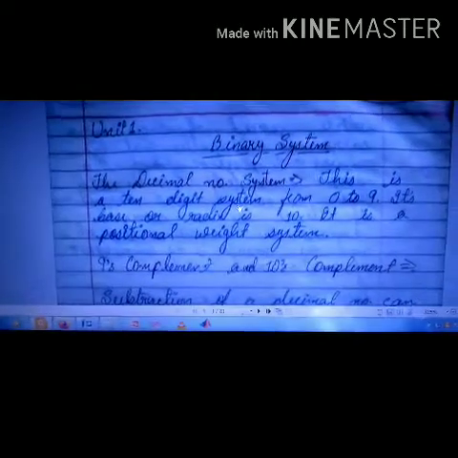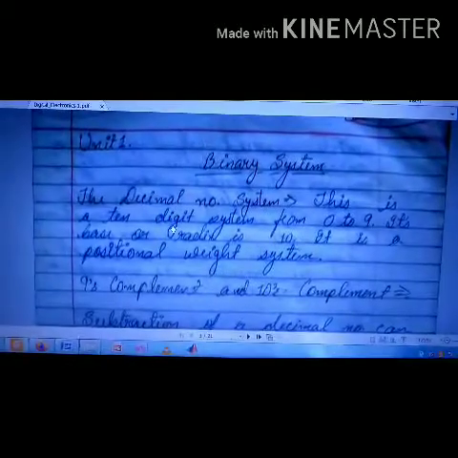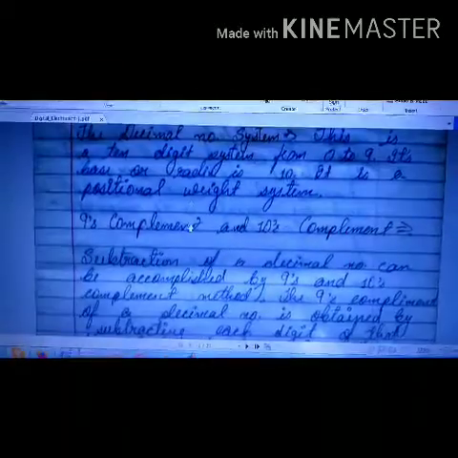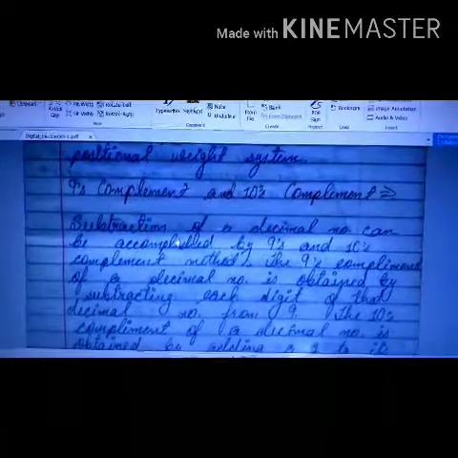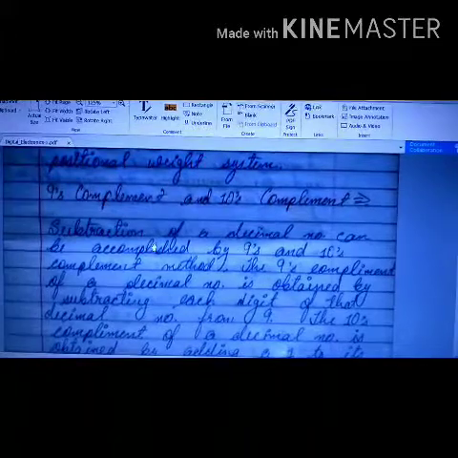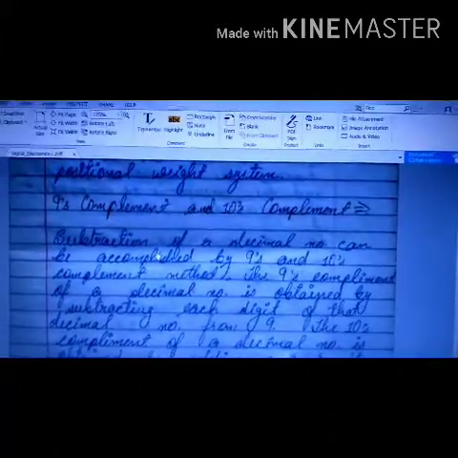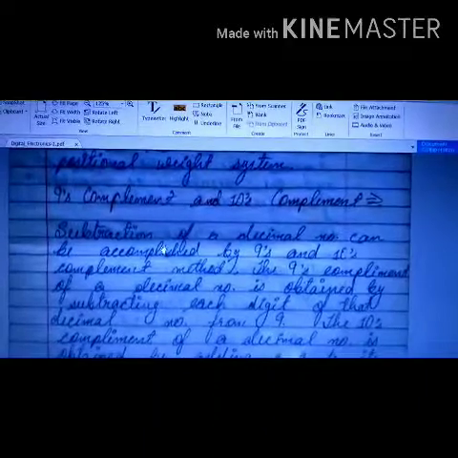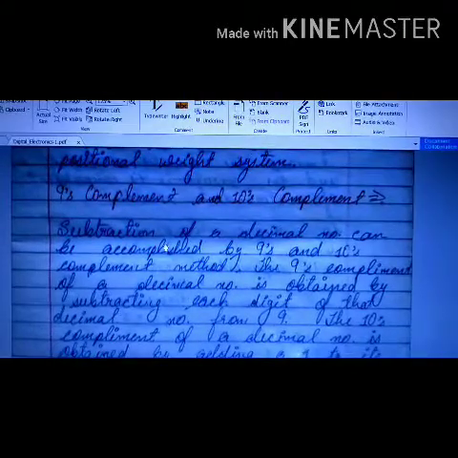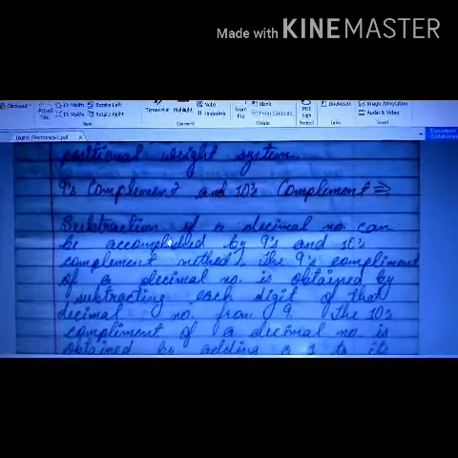So let us go through the different rules which are followed for 9's and 10's complement arithmetic. Subtraction of decimal numbers can be accomplished by the 9's and 10's complement methods. Both these methods are utilized for subtraction of two numbers. The 9's complement of a decimal number is obtained by subtracting each digit of the decimal number from 9.